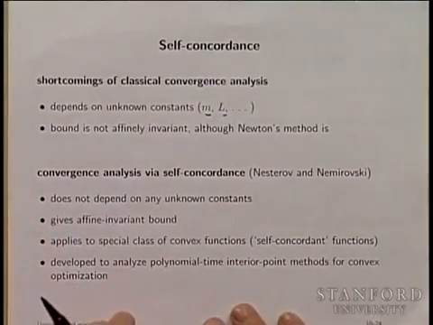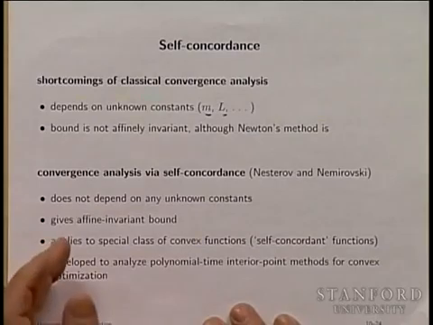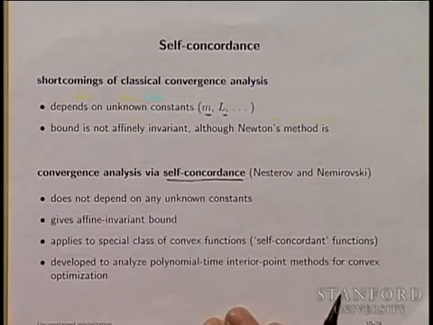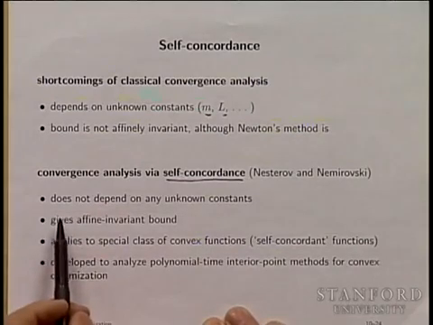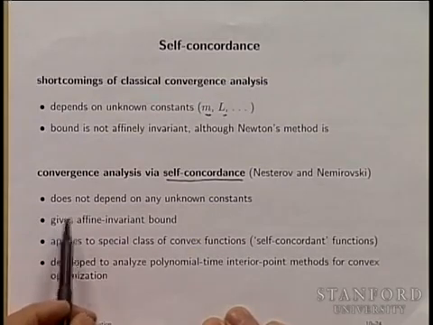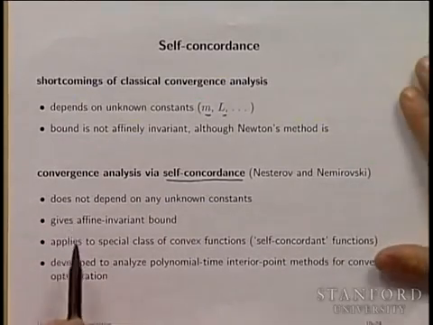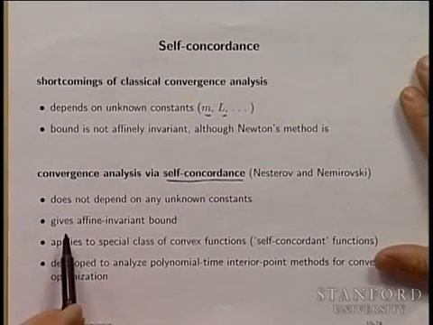So here's what's going to happen. It turns out this idea of self-concordance, which we'll get to soon, is absolutely amazing. It doesn't depend on any unknown constants. In fact, all the constants will go away. A function is either self-concordant or not, period. There is no constant, and certainly no unknown constant.